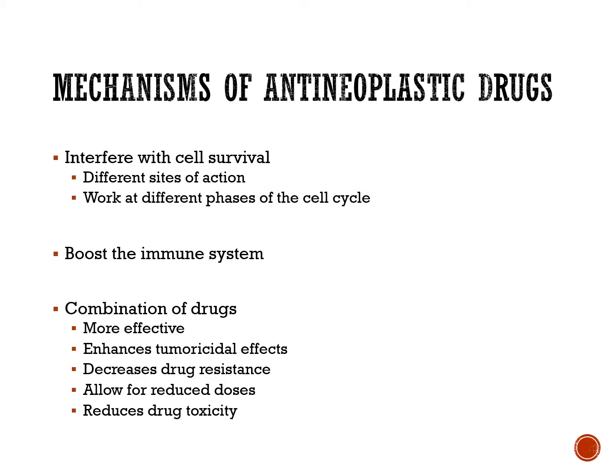Mechanism of anti-neoplastic drugs: they interfere with cell survival and boost the immune system. Usually it's a combination of drugs and therapies, right? It's usually not just surgery, not just radiation, not just one anti-neoplastic agent. It's usually multiple agents plus radiation or multiple agents plus surgery or all of it.